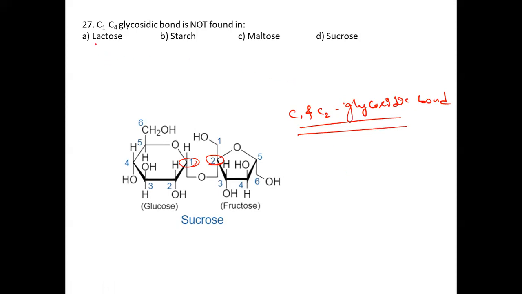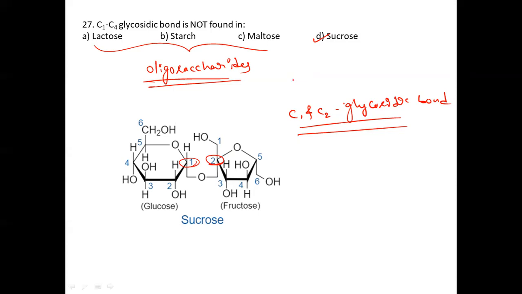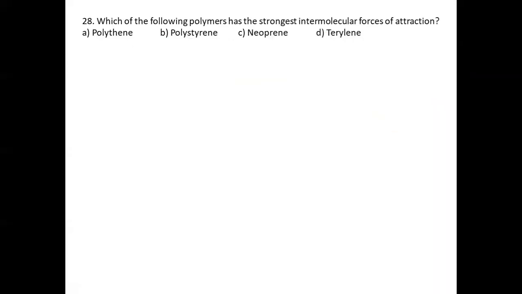In the remaining options, lactose, starch, maltose, whether disaccharides or polysaccharides, we observe C1C4 glycosidic linkage, generally called oligosaccharides. So for question number 27, it's option D. C1C4 glycosidic bond is not found in sucrose because it has C1C2 glycosidic linkage.